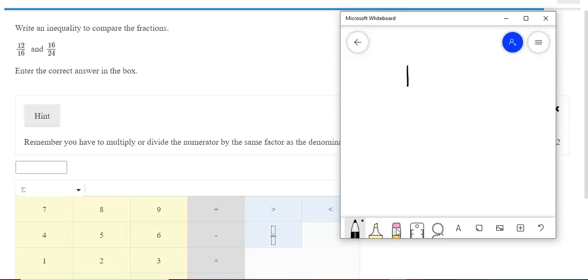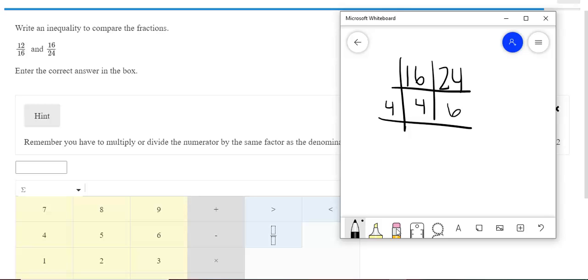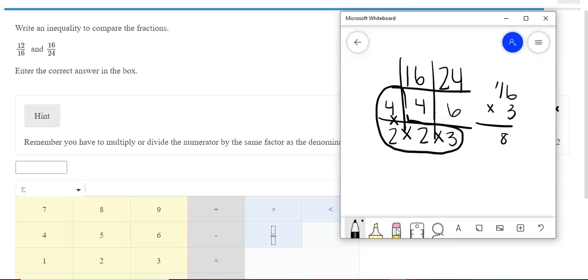So we have 16 and 24. 4 times 4 is 16, and 4 times 6 is 24. I'm going to take it down one step further. 2 times 2 is 4, and 2 times 3 is 6. Multiply these together. 4 times 2 is 8. 8 times 2 is 16. Then we have 16 times 3. And we get 48.